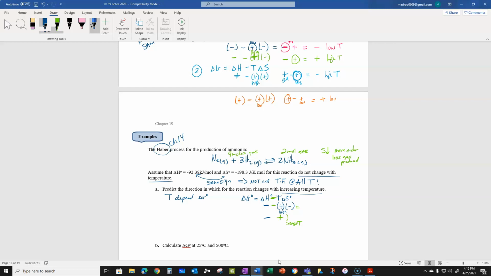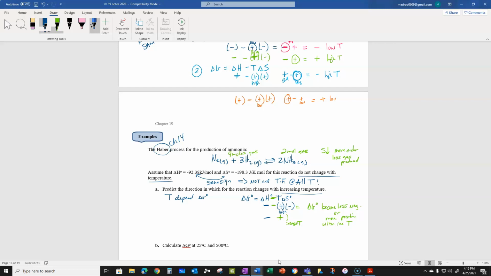Okay, so as a result, what's going to happen to delta G? You could say it a couple different ways. You could say delta G is going to become either less negative, or more positive with increasing temperature.